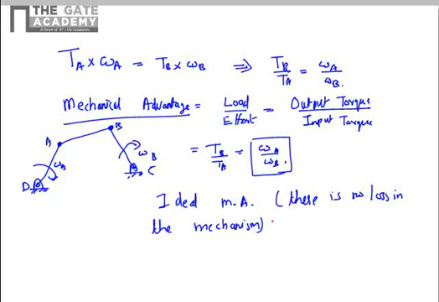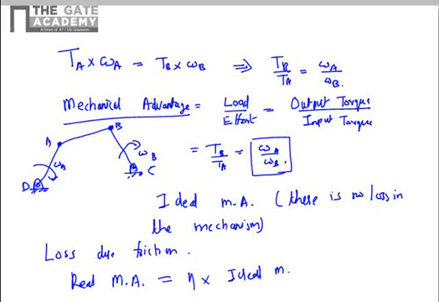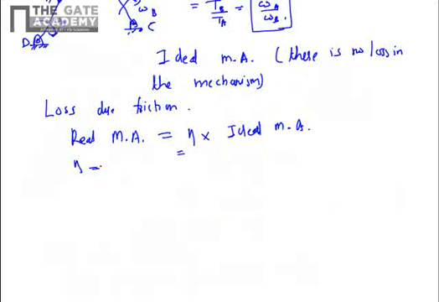But in the actual case, there will be a loss due to friction in a real mechanism. So at that time, the real mechanical advantage is calculated by multiplying an efficiency factor with the ideal mechanical advantage. This efficiency factor is called the conversion efficiency. It is a percentage of 100, which is a value less than 1.